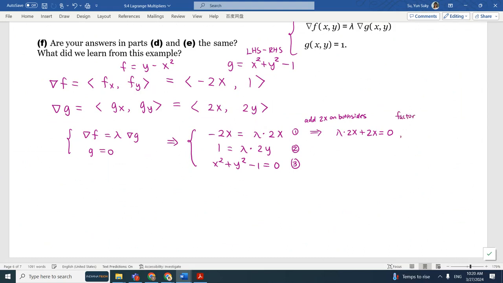What can we factor? The common factor is 2x, right? If we factor out the 2x, what's left? Lambda plus 1.